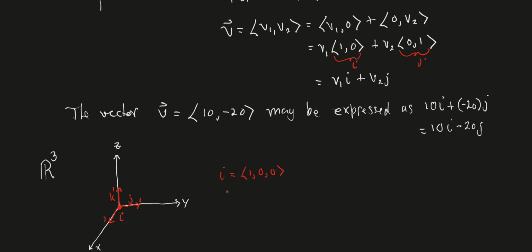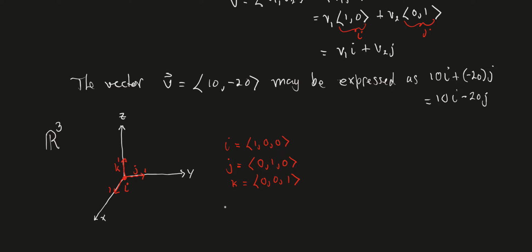And then similarly, j is the vector 0, 1, 0. This one is entirely along the y-axis. And finally, our third standard unit vector in R3 is k, and that's the vector 0, 0, 1. Again, these are unit vectors, and they all have magnitude 1.